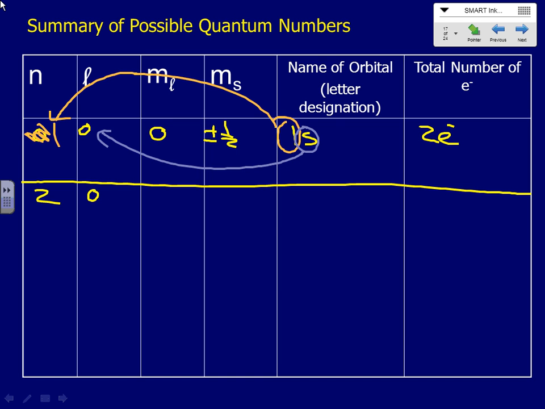I'm actually going to put 0 and then 1, just because it's easier to write out and it works better in order. Now, if L is equal to 0, then it has the same properties as the L equal to 0 before. ML is 0. That's the only possibility. It's plus or minus a half for the electrons that go in there.